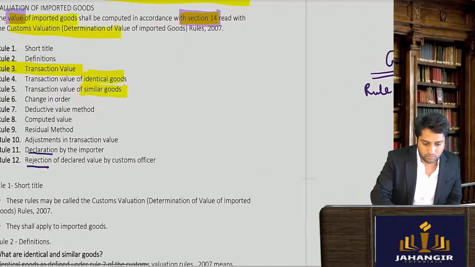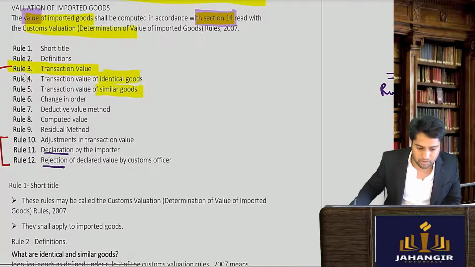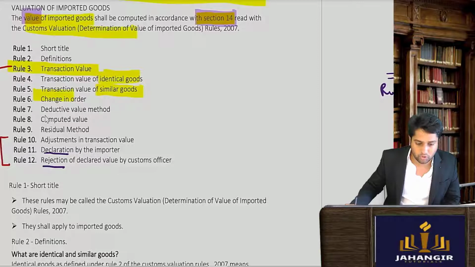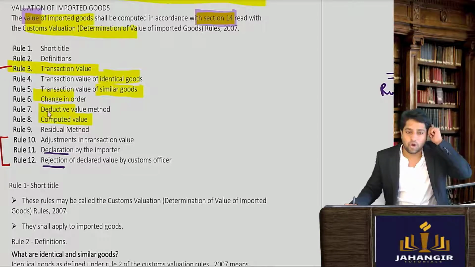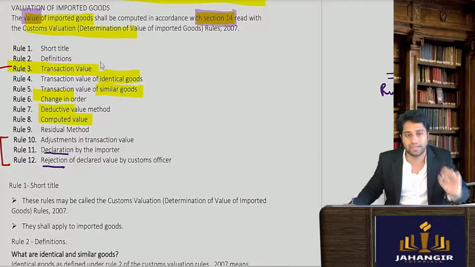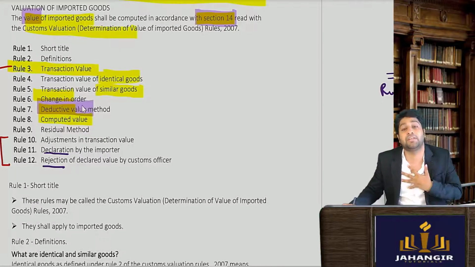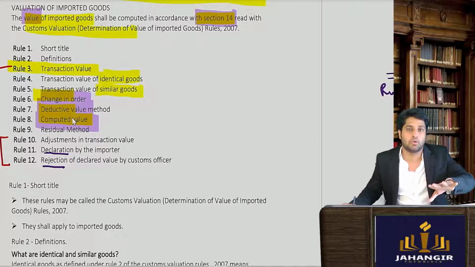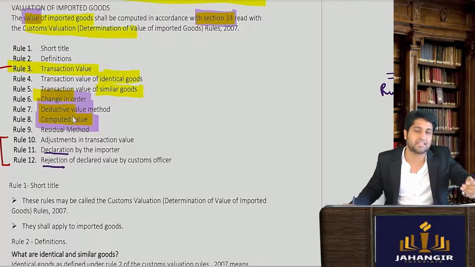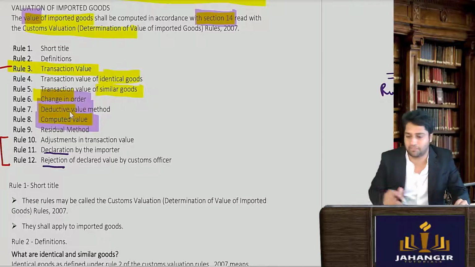So यहाँ पे देखोगे what they have given, change in order between 7 and 8. So 7 is deducted value and the computed value. Normally after the 6th rule, normally the deducted value rule would apply. But if the importer exercises rights and given writing and says that rule number 6 gives me a right to apply the 8th rule over the 7th rule, so then we will say अच्छा ठीक है चलो 8th rule आपके लिए पहले apply कर देंगे.